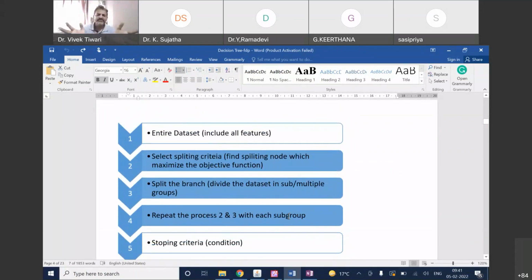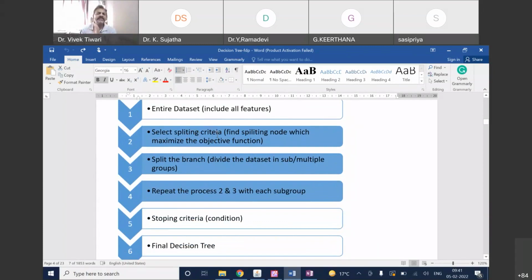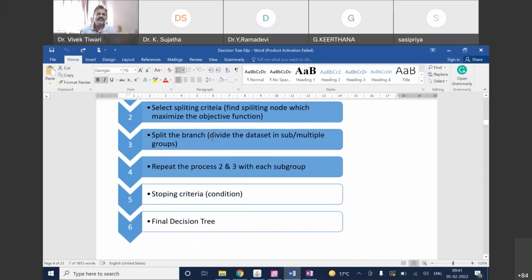I have just tried to write some steps in sequence so that it helps us better understand the overall working of any decision tree. First, you have to consider the entire data set, meaning all the features. Select the splitting criteria, whether Gini index, information gain, or any other you want to define. Then split based on the function you have taken, applying it to all the variables, and whichever variable is favored, you take it and split your decision tree.